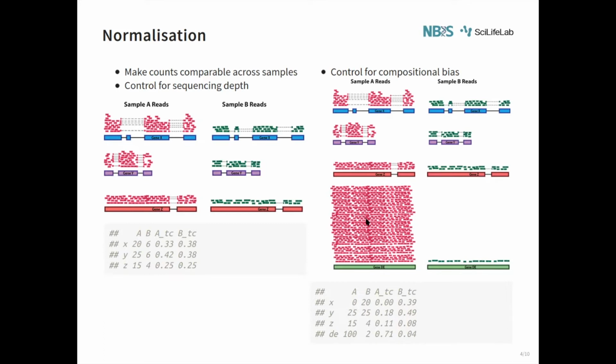This makes it harder to compare one gene to another gene or between samples. Total count normalization does not account for this bias, so it wouldn't work for this sort of scenario. This is just to show you what it is, and we will talk about methods for correcting compositional bias in the next few slides.